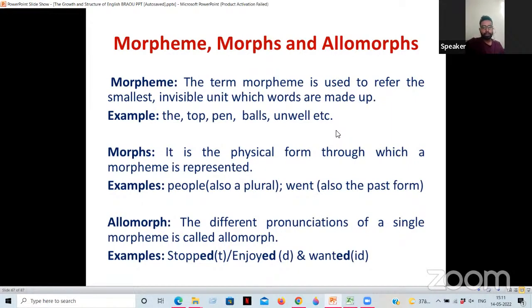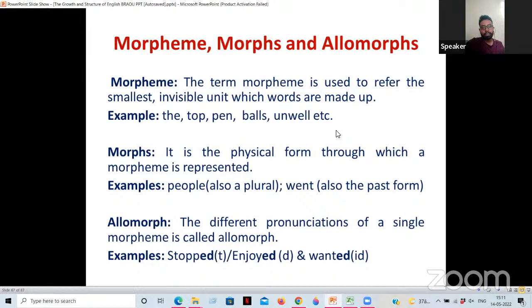The next topics within morphology are morpheme, morphs, and allomorphs. Now, what is a morpheme? The term morpheme is used to refer to the smallest indivisible, or rather contrastive, unit of which words are made up. Why smallest?